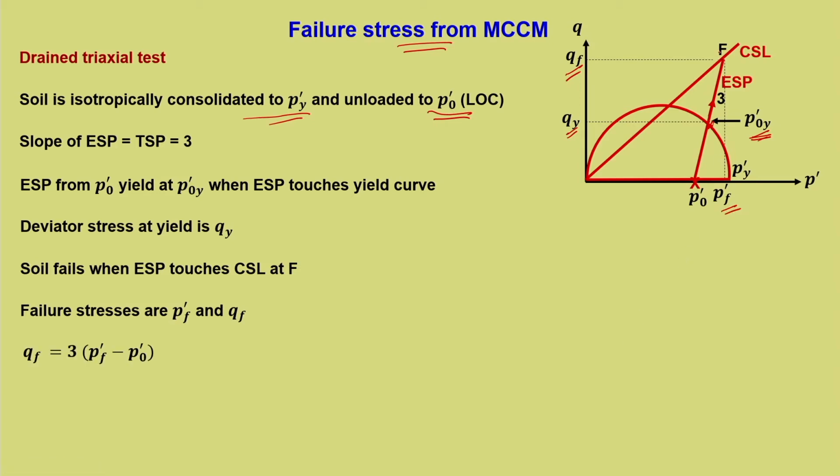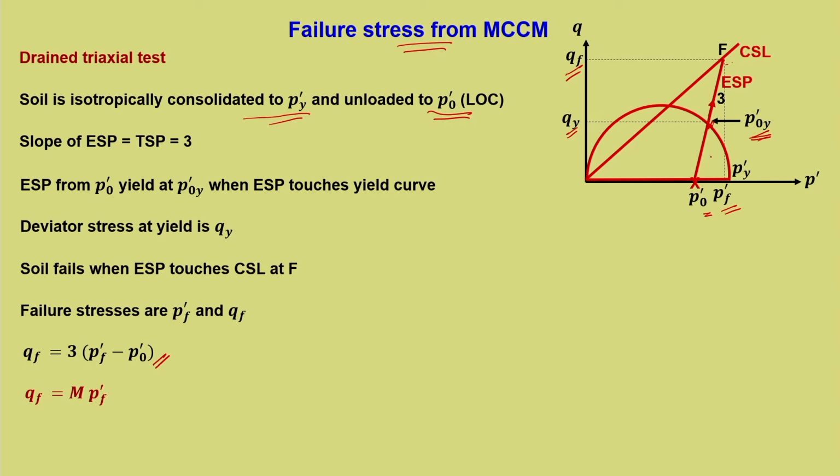Now looking at the geometry of this figure, that is, consider this triangle P naught dash F and P dash F. We can always write QF is equal to 3 into P dash F minus P naught dash. So very conveniently we can write this, and we know QF is equal to M into P dash F.